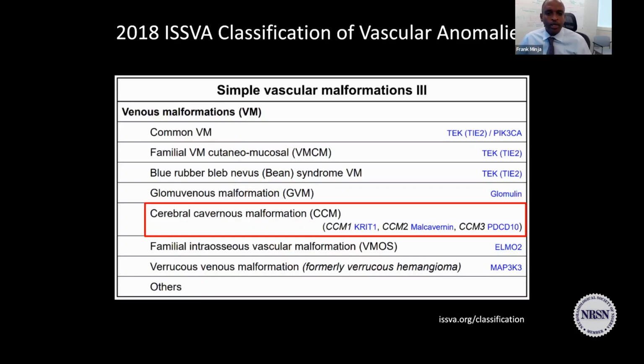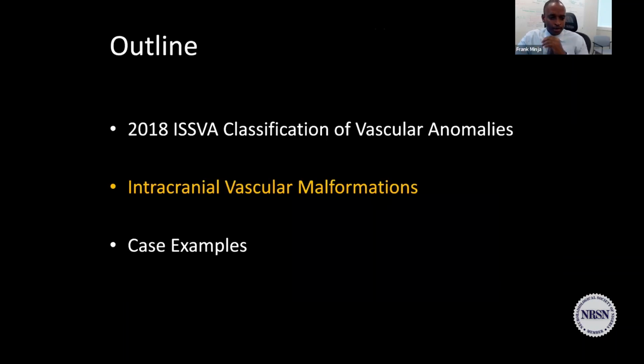So that's really the hope: at some point, by knowing what kind of lesion we are dealing with and what underlying genetic or molecular basis that lesion has, that can provide different treatment mechanisms. So that's really the crux of it. Obviously, we're not going to be doing genetic and molecular evaluations in the clinic, but that's where the future is headed. So that is the overall big picture.